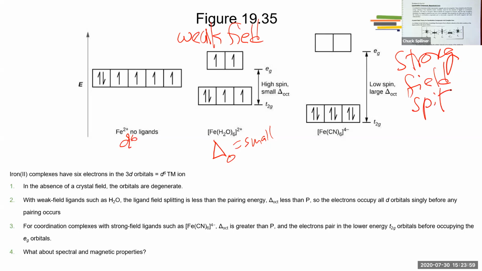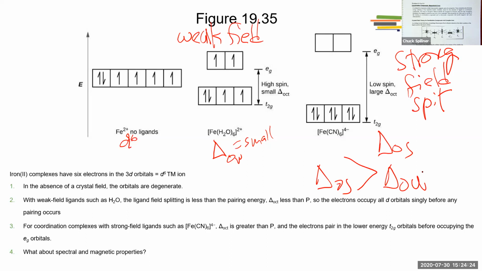In that case, the delta oct for the strong field is bigger. We could call this one delta O weak, and this is delta O strong, and delta O strong is greater than delta O weak.